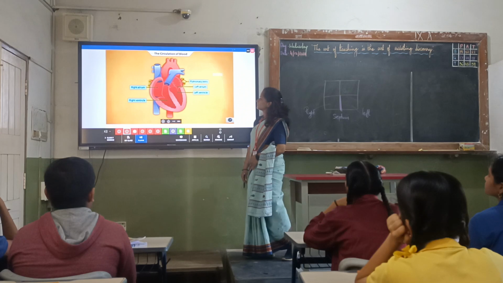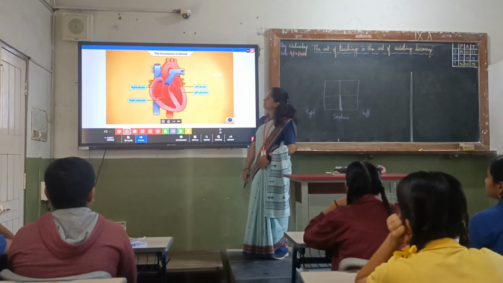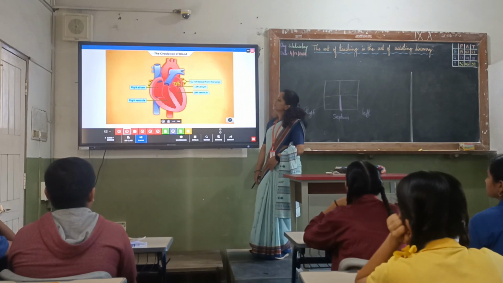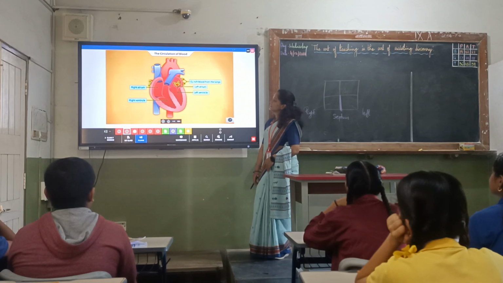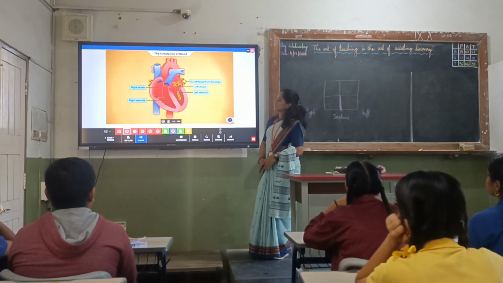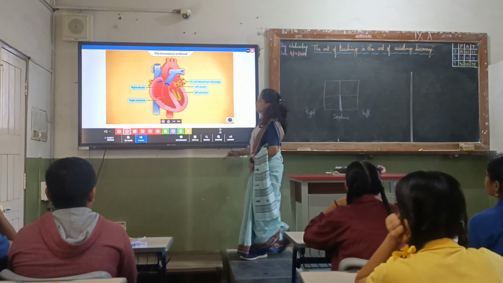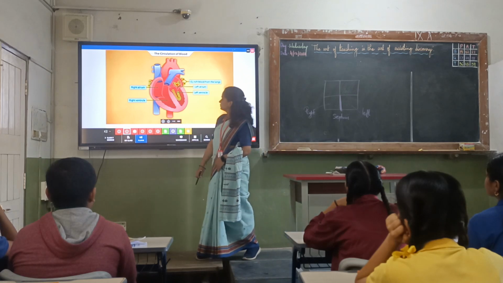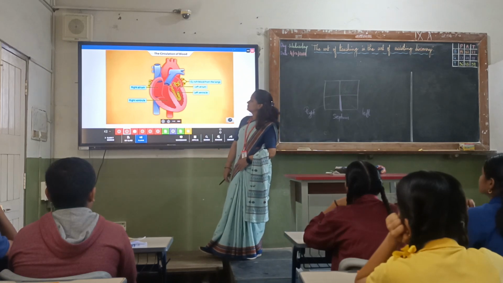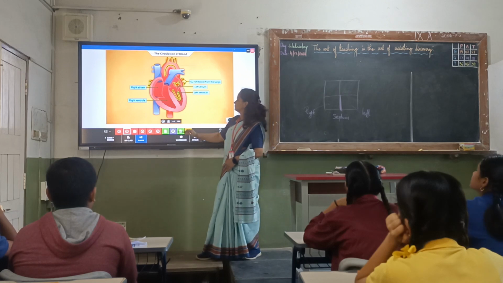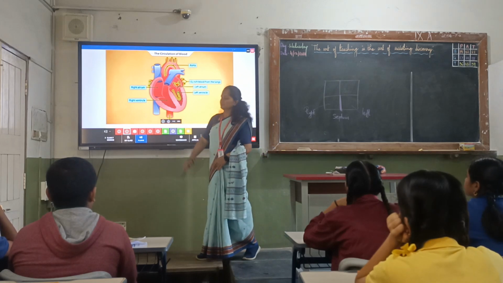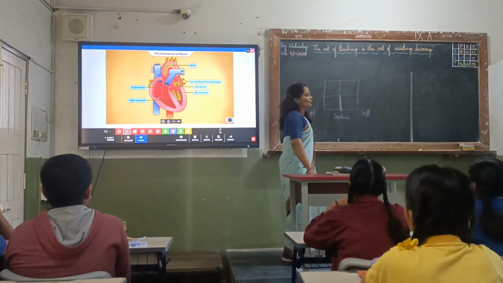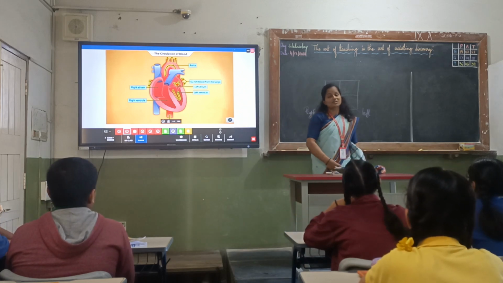From the lungs, the pulmonary veins carry the oxygen-rich blood to the left atrium. The left atrium contracts and sends this blood to the left ventricle. The left ventricle then contracts and pumps the blood into the aorta. This is how blood is transported.